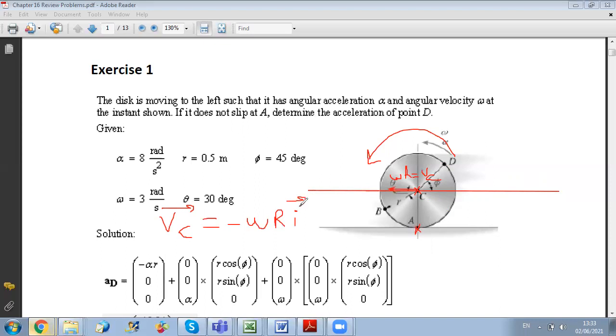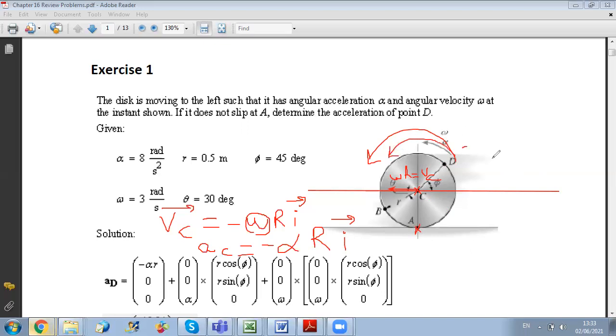And for AC vector, since C is always moving along a straight line, it only has tangential acceleration, and at any instant it's the derivative of velocity, with the derivative of omega being alpha, and r is constant, so AC is minus alpha r along I. It's minus because alpha, as you can see here, is also clockwise.